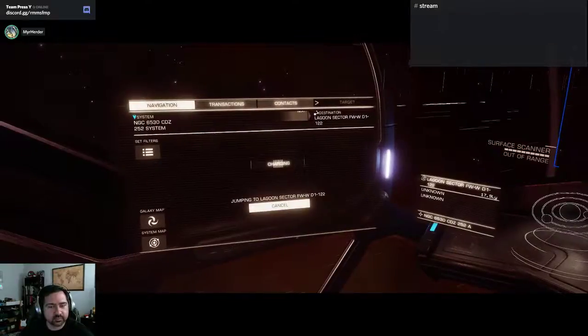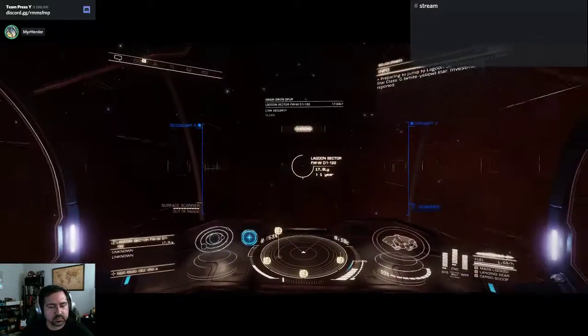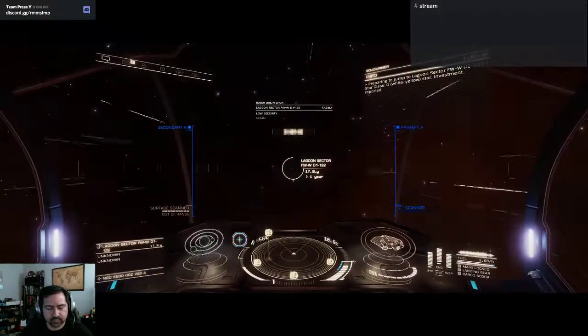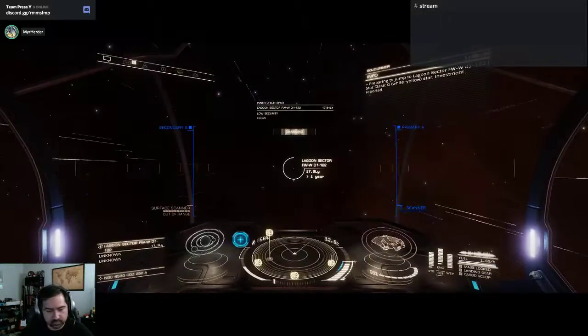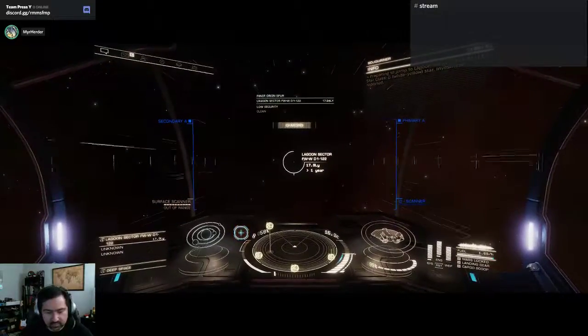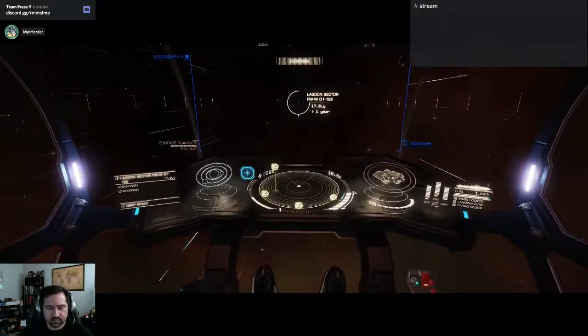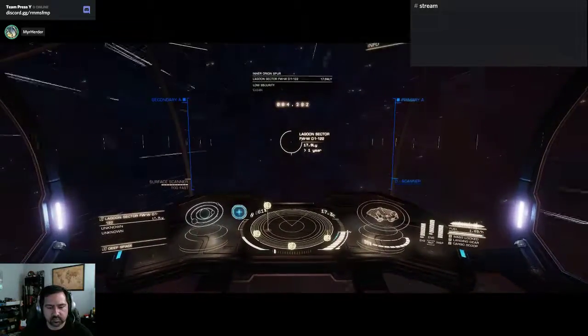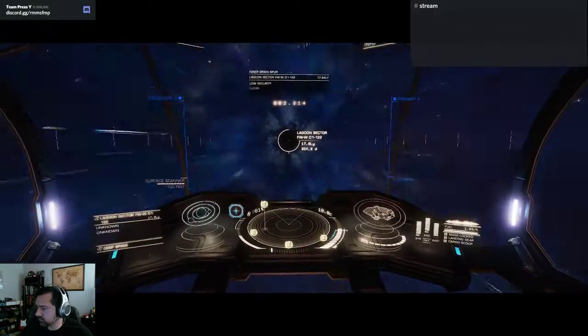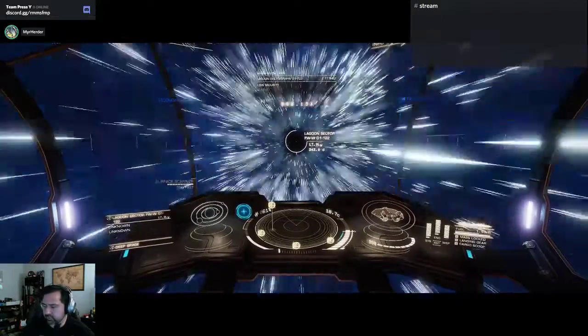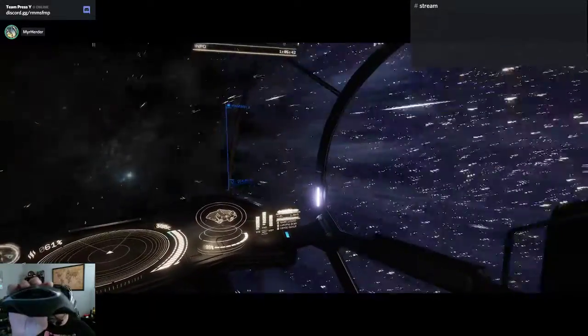All right, last jump. Drive charging. And I can zoom out on the radar. Where's my mouse keys? There. I've got the mouse with six buttons on it.